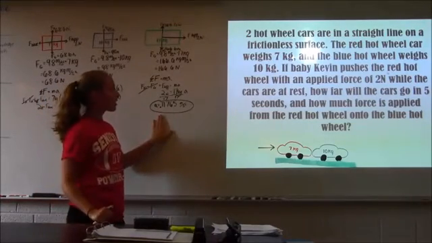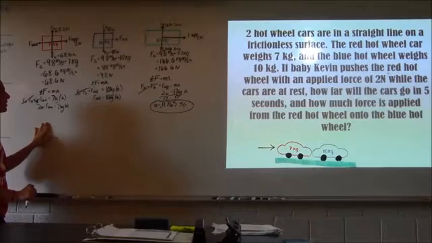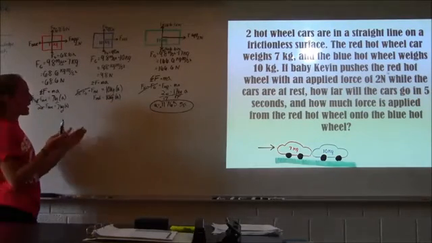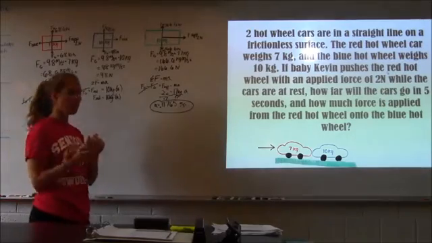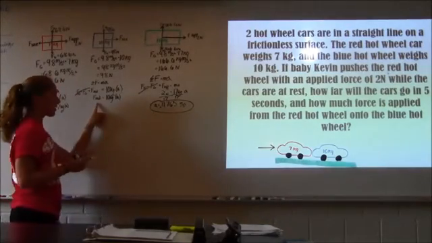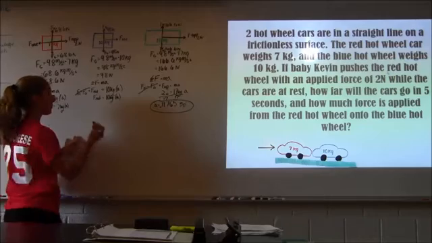Now that we have the acceleration, we can go back into these previous sums of the forces and find the force of the red on the blue, because then that will leave us with only one variable.